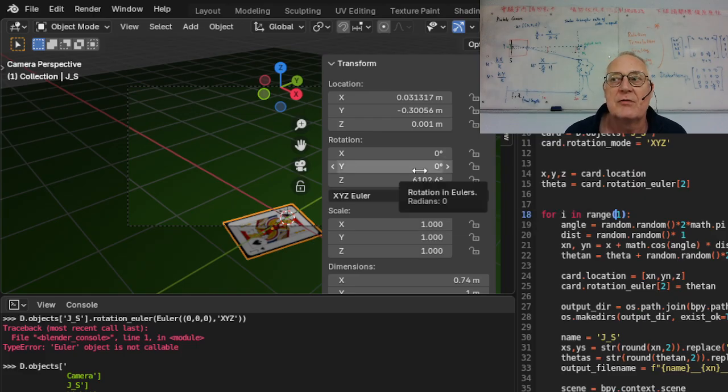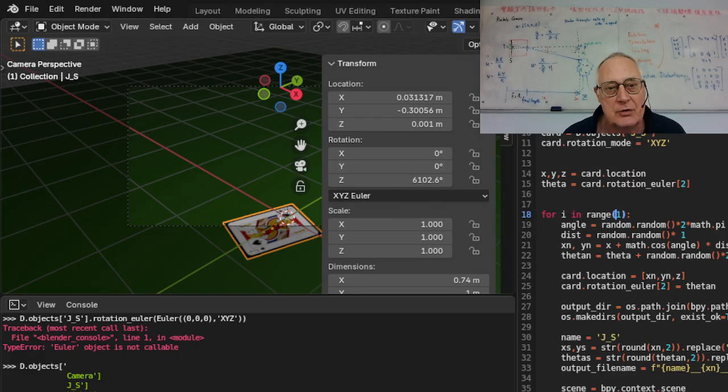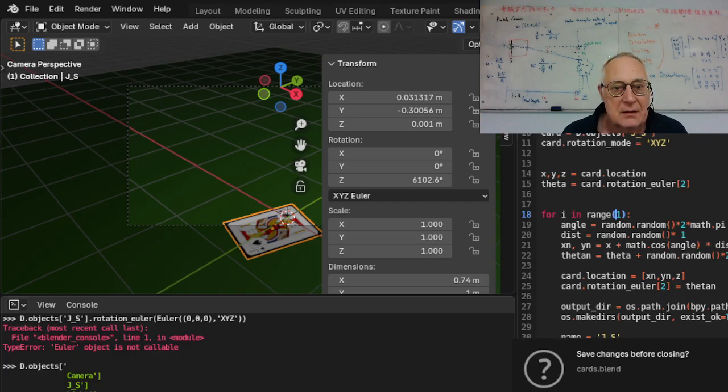Some of them cropped, some of them not cropped. You can add more noise later on. So that's quite useful. It's quite a powerful program that allows you to generate lots and lots of training data for your vision algorithm.